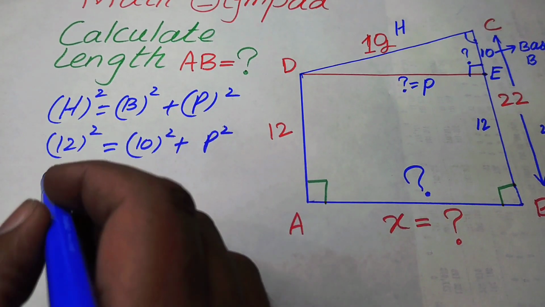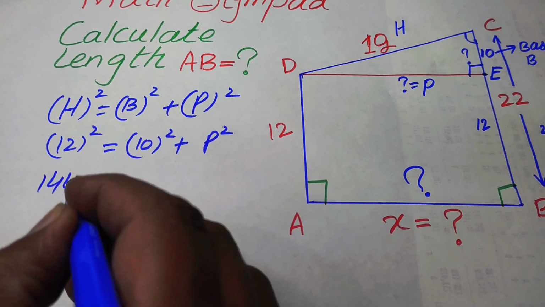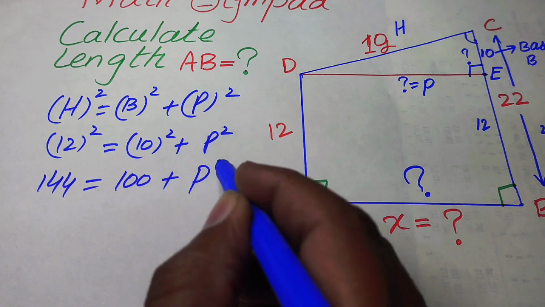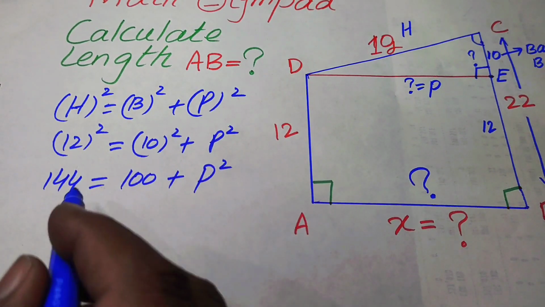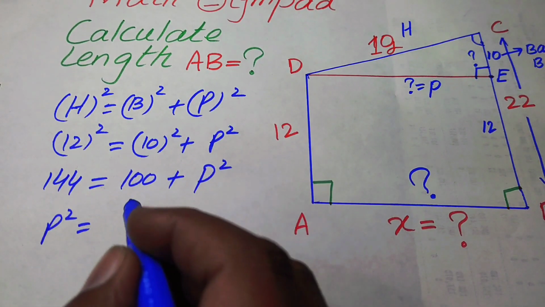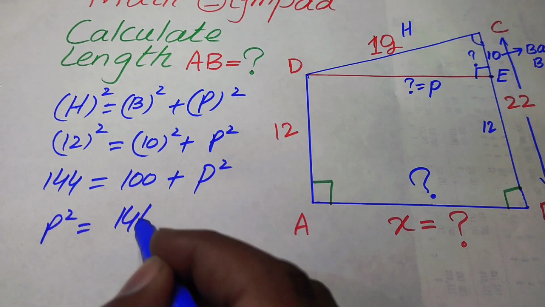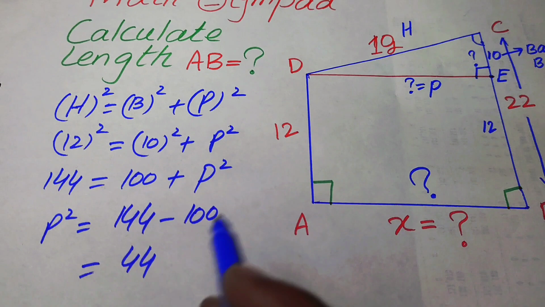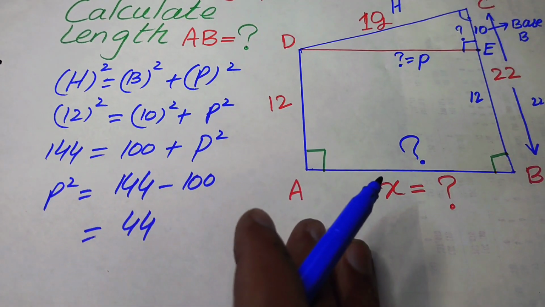So the square of 12 becomes 144, and the square of 10 is 100, plus p square, which is perpendicular square. So p square is equal to 144 minus 100, and it becomes 44.